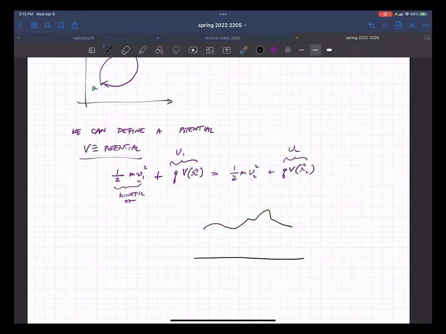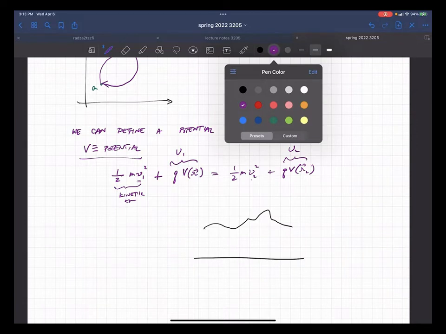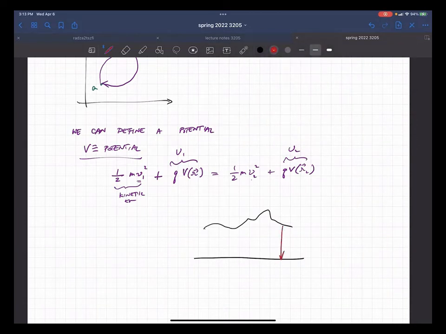At each point on this hill, you would face a potential energy. You'd get a potential of GH, and then you would have a potential energy. This is again the gravitation analogy of m, your mass, times GH.